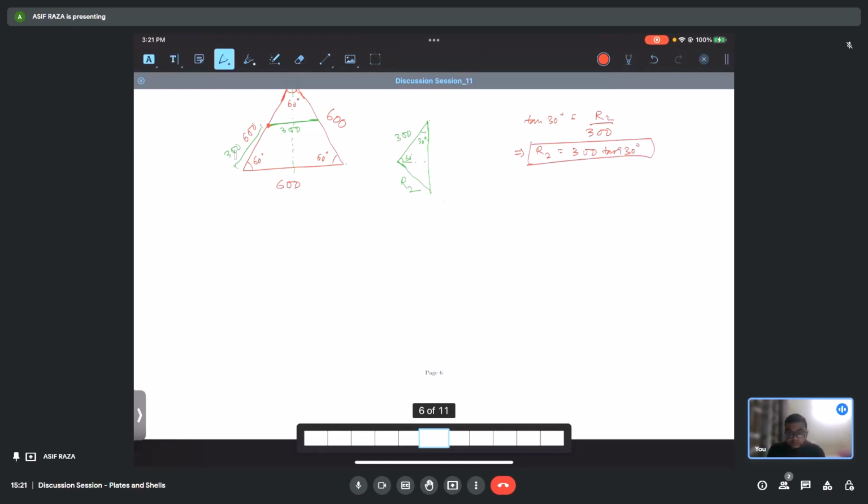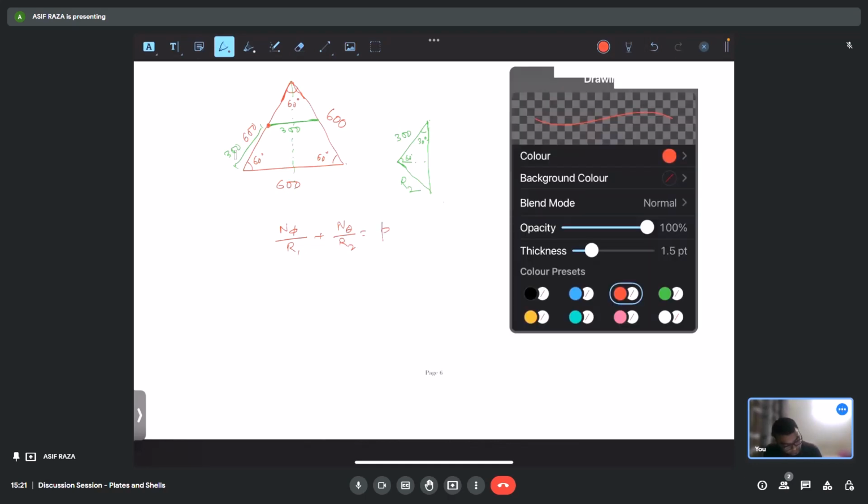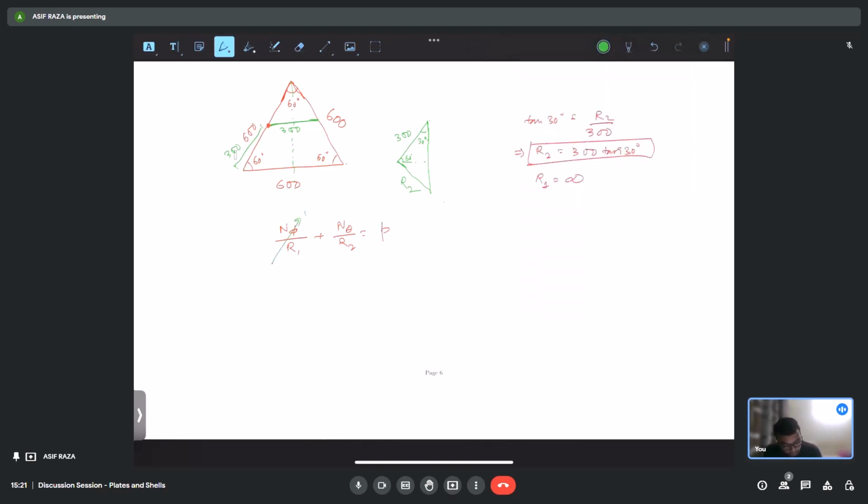Now we know the relation that at that point R1 is infinity, so we know the relation n phi by R1 plus n theta by R2 is equal to P, and this will be equal to 0.